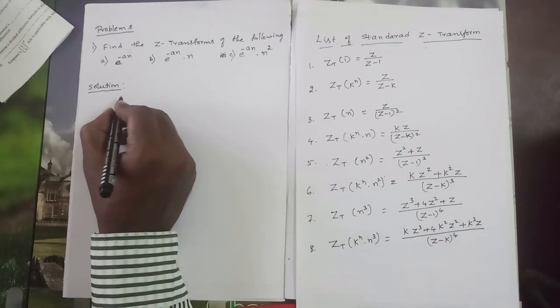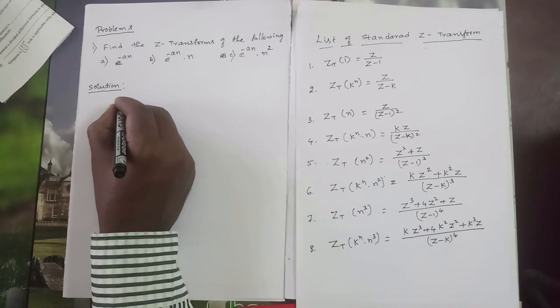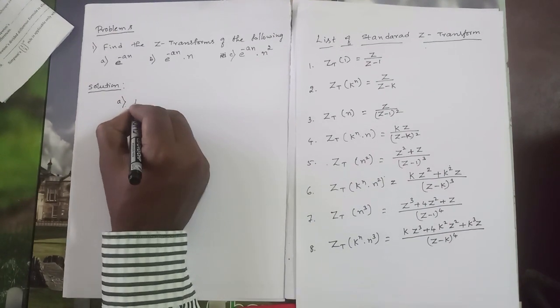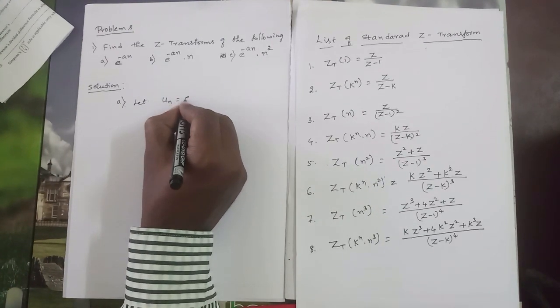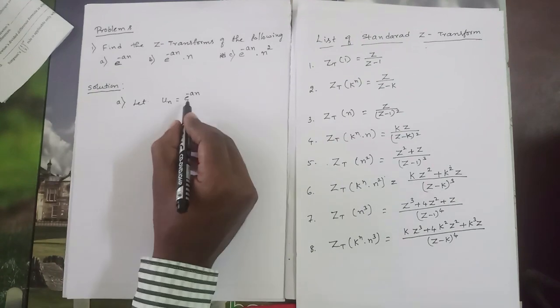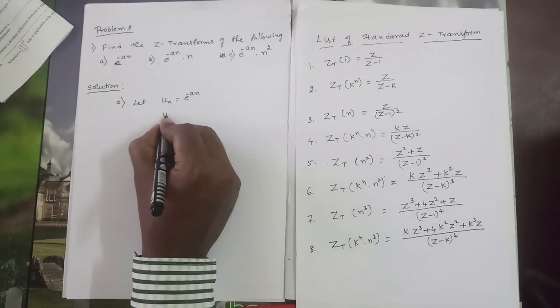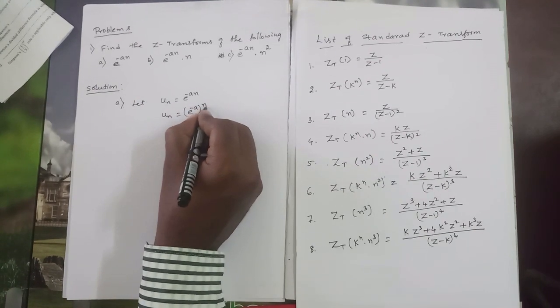So here, what is e to the power of minus an? I will take the first one. Let un equal e to the power of minus an. This can be written as un equals e to the power of minus an into n.